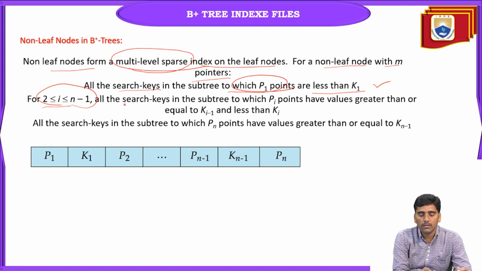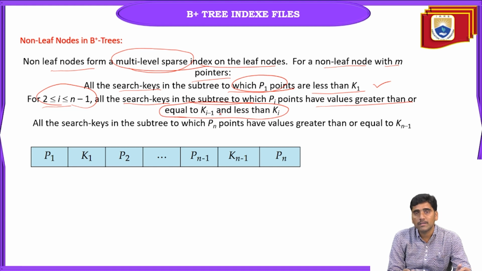So here all the search keys in the subtree to which Pi points have values greater than or equal to Ki minus 1 and less than Ki. So in this way the search key values and pointers relate in non-leaf nodes. So here all the search keys in the subtree to which Pn points have values greater than or equal to Kn minus 1.